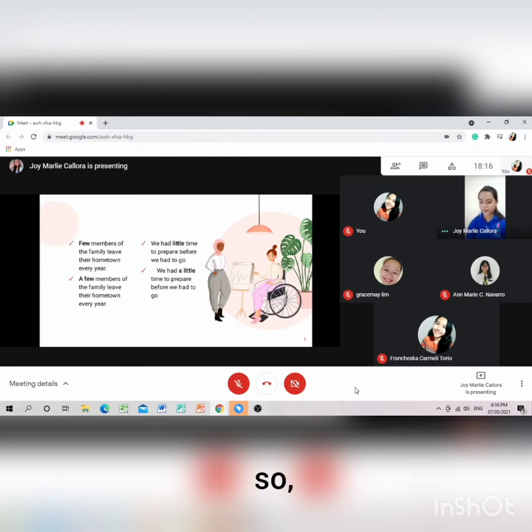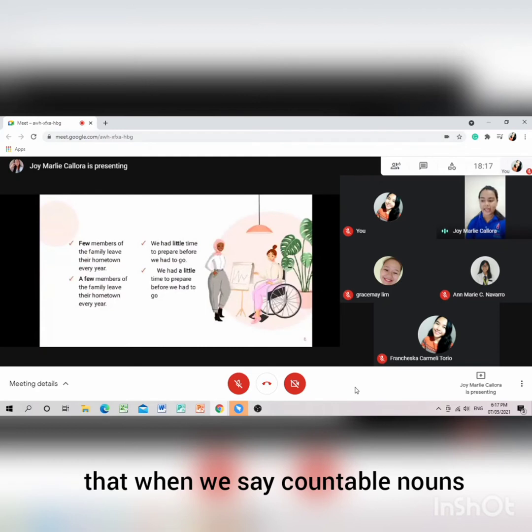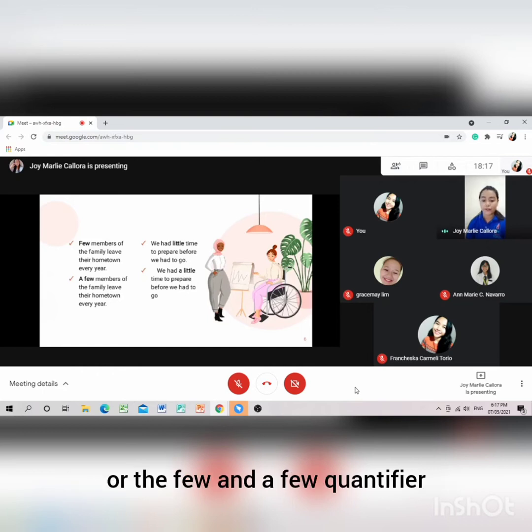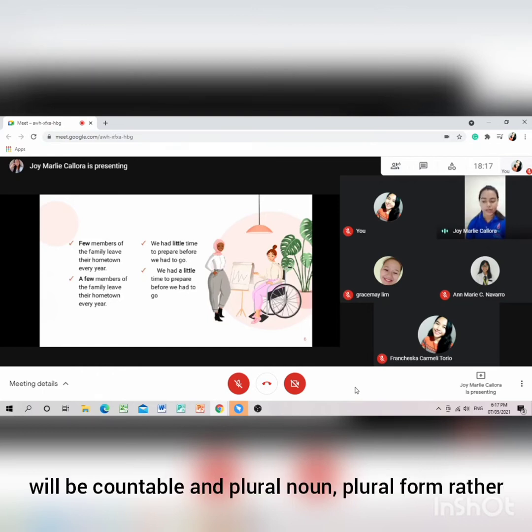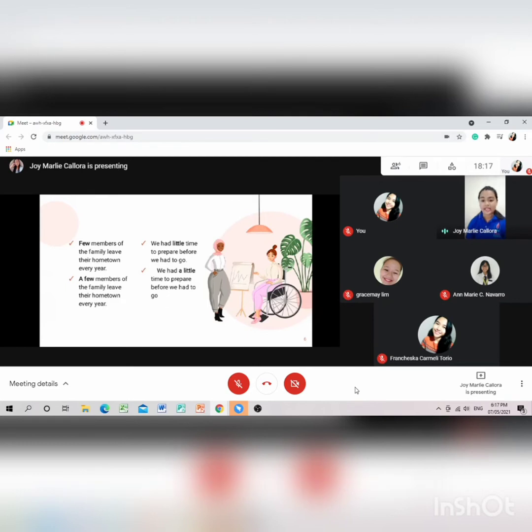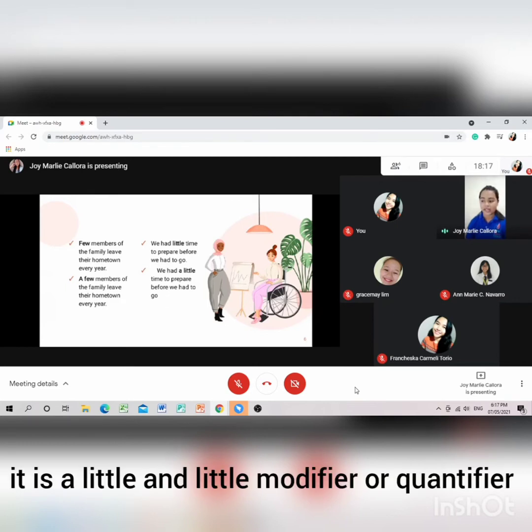So, always remember that when we say countable nouns, the nouns we use after the quantifiers few and a few will be countable and in plural form. And when we say uncountable nouns, it is the little and a little modifier or quantifier.